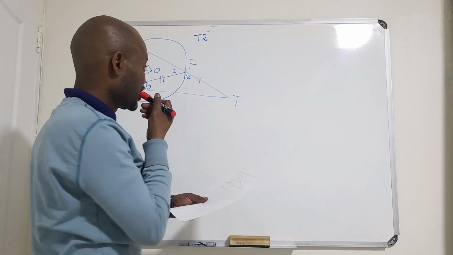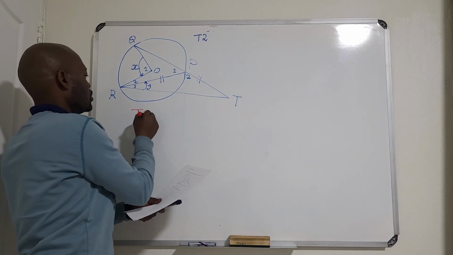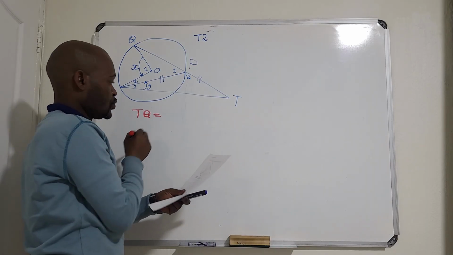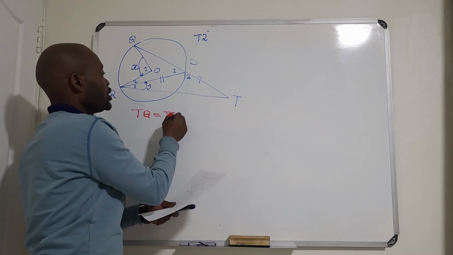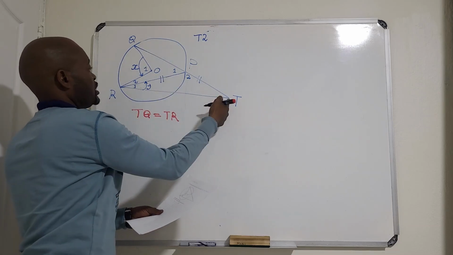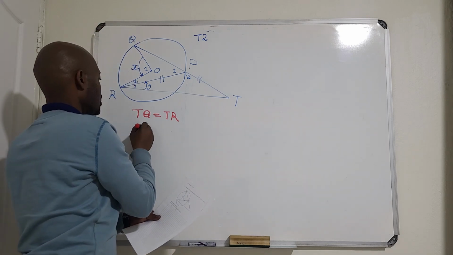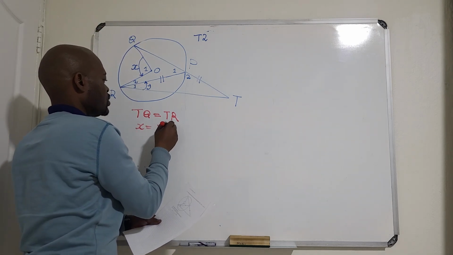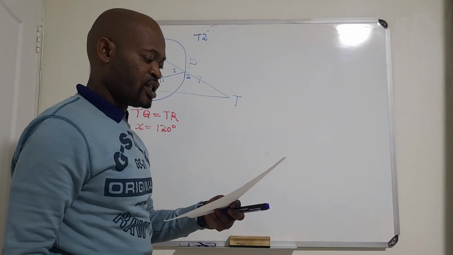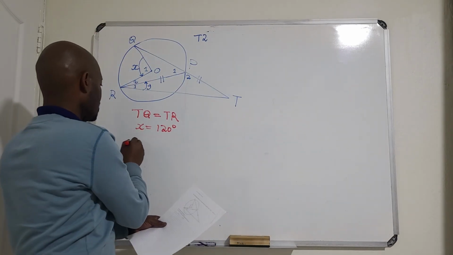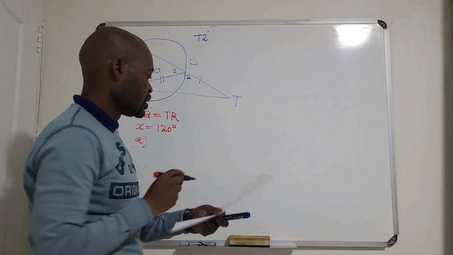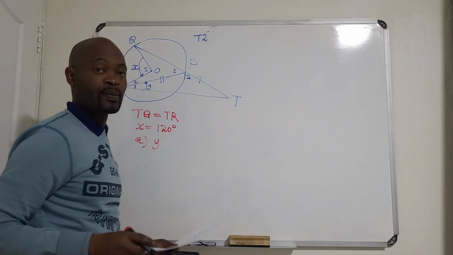Since we are told that TQ is equal to TR, and x is equal to 120 degrees, they say to us, A, calculate the value of y.